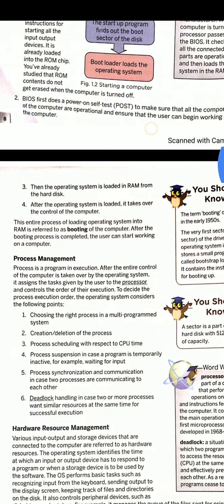This entire process of loading the operating system into RAM is referred to as the booting process. So students, it is clear that first is the POST process, second is the booting process. Means first power on self test, then the operating system is loaded from hard disk to RAM. In this way computers start.